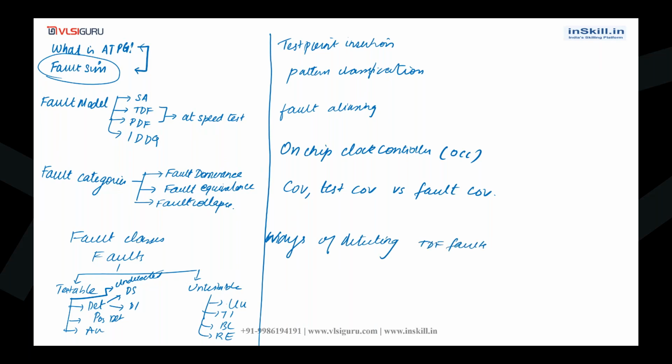So one is launch on capture, and the other one is launch on shift. When we discuss launch on shift, we'll also try to understand the pipeline scan enable architecture. We'll try to understand what it is. Okay. We'll try to understand what are called dead cycles.